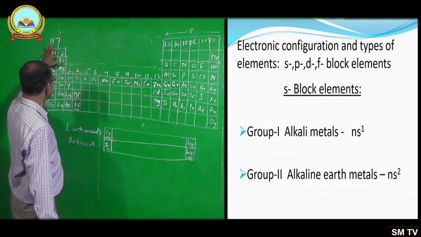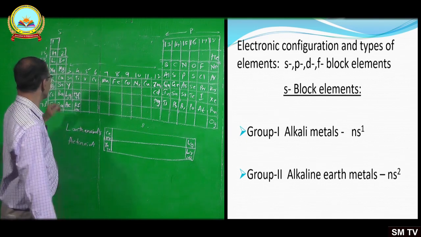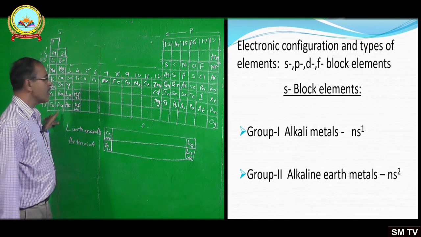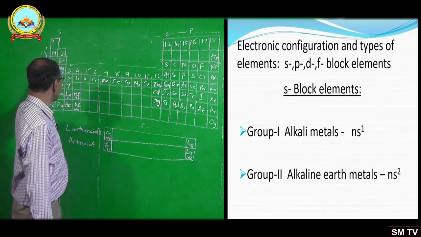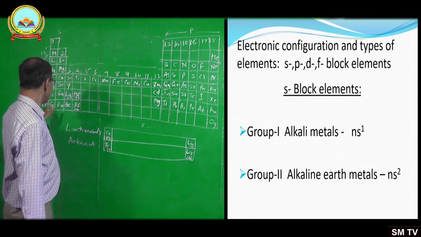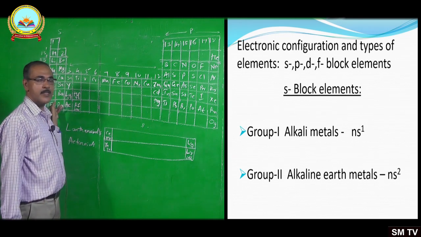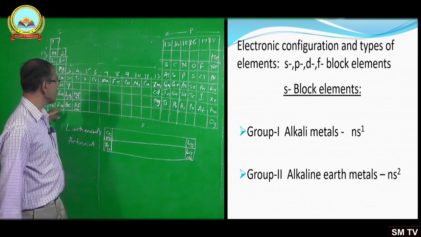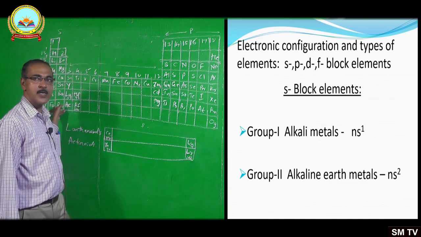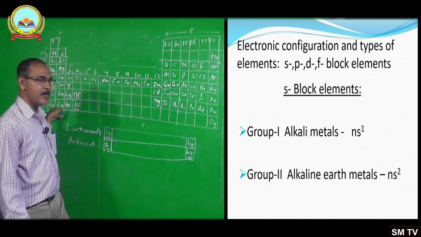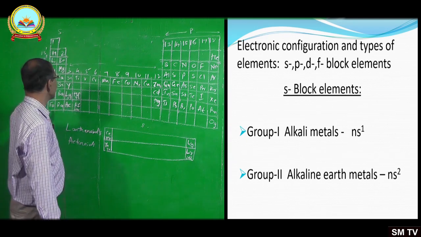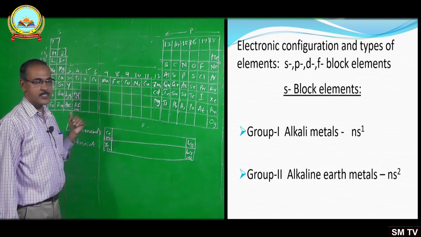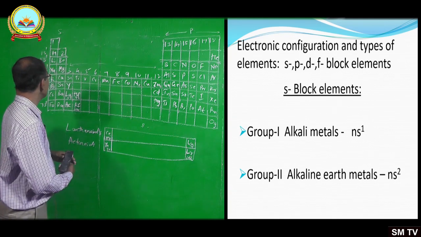Now, if you see the properties of the alkali metals, they are highly reactive elements. They are never found in the native state in nature. So, always they are available in the combined form. We never get pure elements in the earth's crust or in nature.